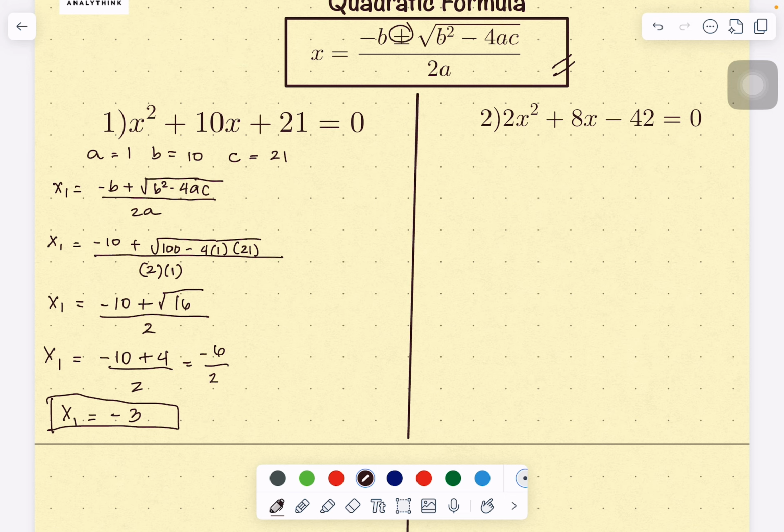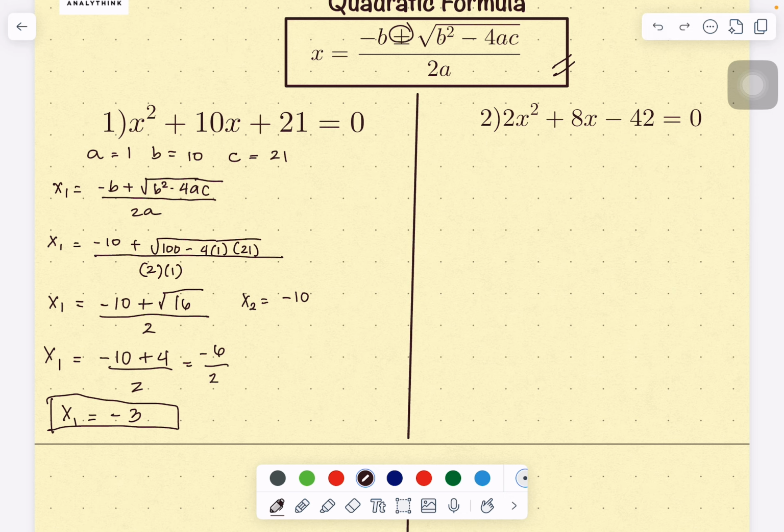Now for x sub 2, let's try negative b minus the square root of b squared minus 4ac. We already know the value of b squared minus 4ac, so that's the square root of 16.